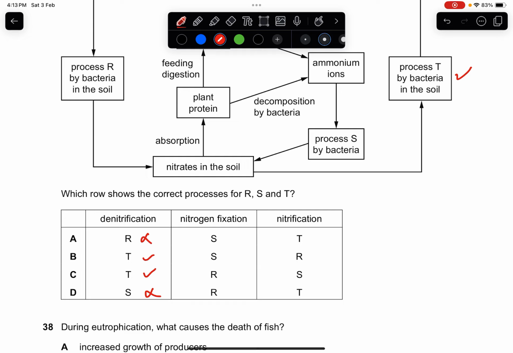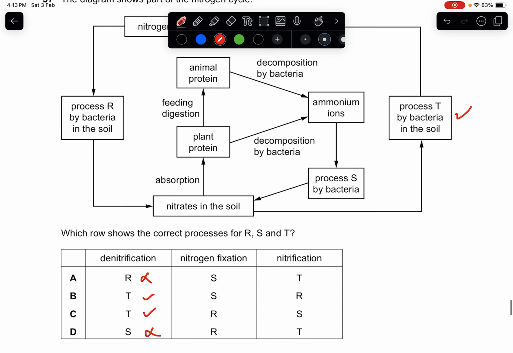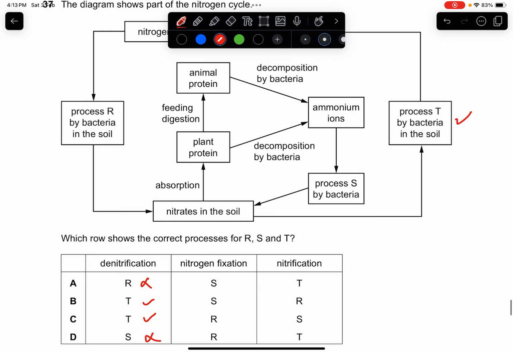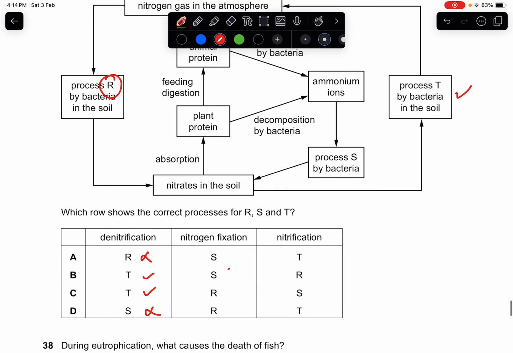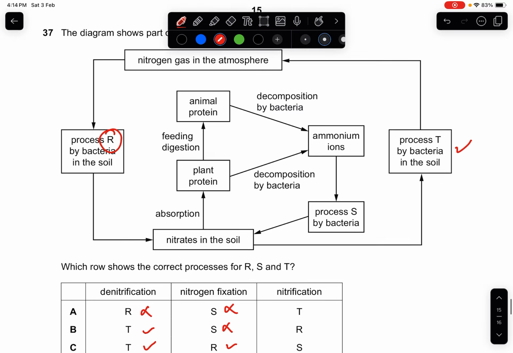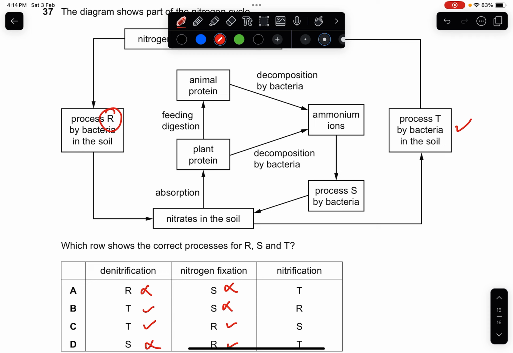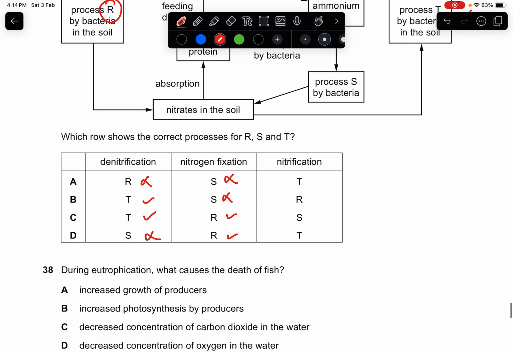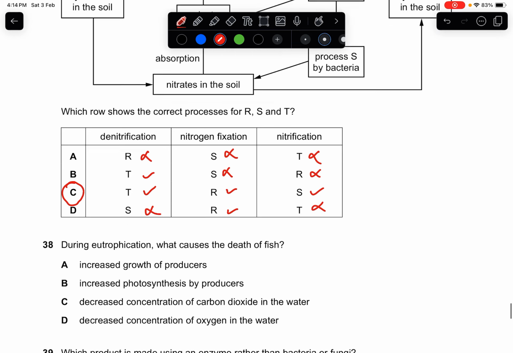Nitrogen fixation is when there is nitrogen-fixing bacteria where they fixate nitrogen into ammonia. So it should be process R. And nitrification is where bacteria convert ammonia into nitrate ions also. So this is S. So the answer is C.